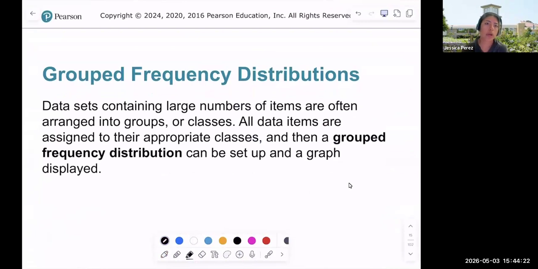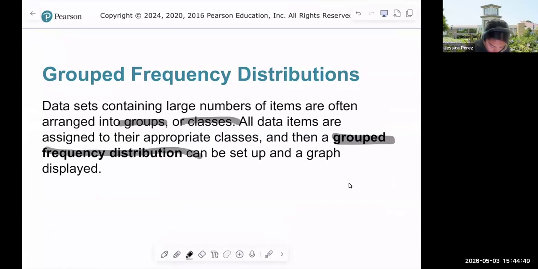Now, when we're looking at grouped frequency distributions, the definition is that data sets contain a large number of items that are often grouped into classes. So it might not just be 1, 2, 3, 4, 4, 4. It might be a group or a class. All data items are assigned to their appropriate classes and then grouped. We're going to use a grouped frequency distribution because we probably are going to get data ranging between 1 and 10, 10 and 20, 20 and 30, 30 and 40, and then we count.